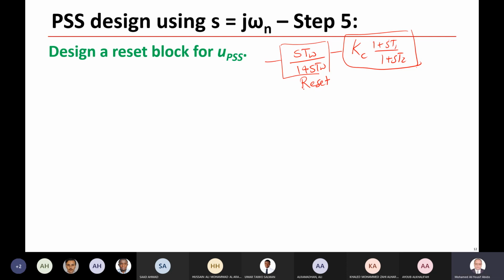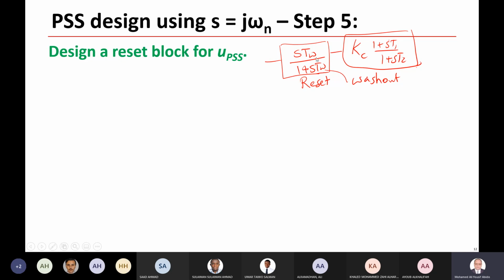Why we call it the reset, we will explain in a few minutes. This time constant is called the washout time constant. How to design this block means how to set TW. 3 seconds, 5 seconds, how much should TW be?